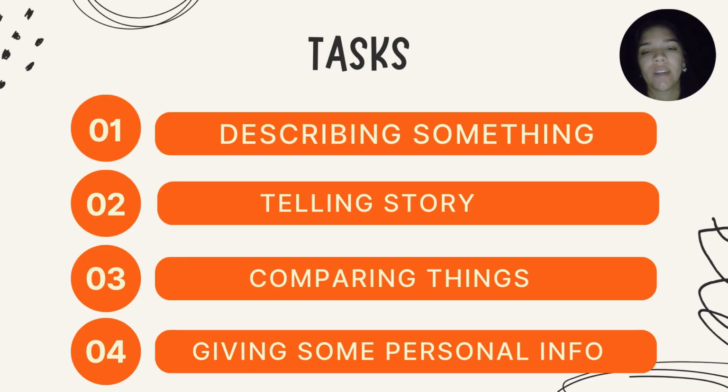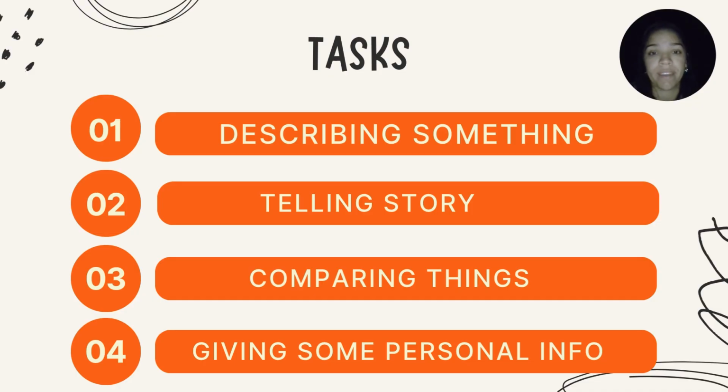Okay, now we're going to talk about the different types of tasks used to assess speaking. Some of the common ones include describing something: the student may describe a picture, a place, a person, or even an action. Telling a story, which could be based on one picture, a sequence of pictures, or a completely imaginary situation.